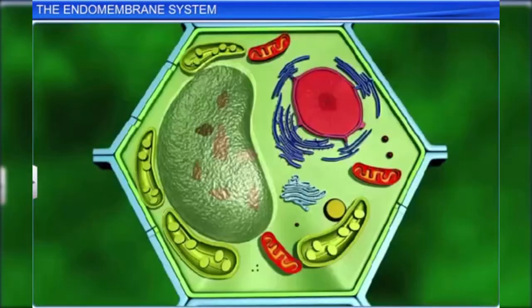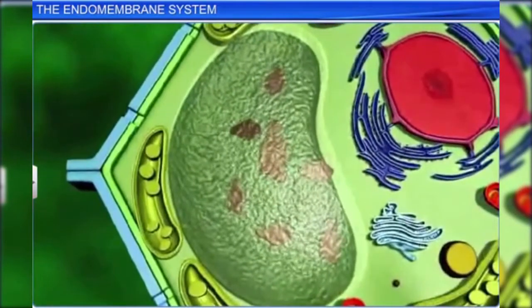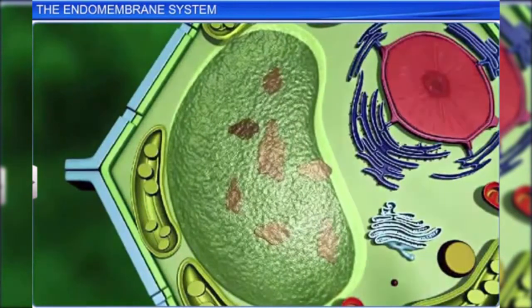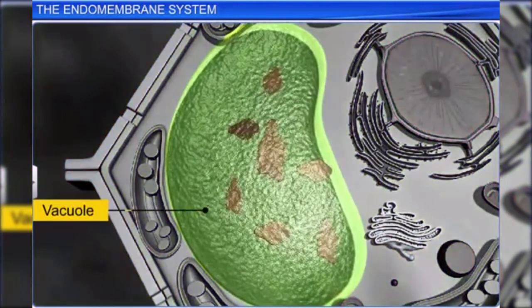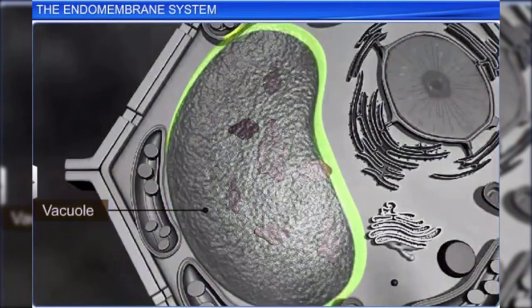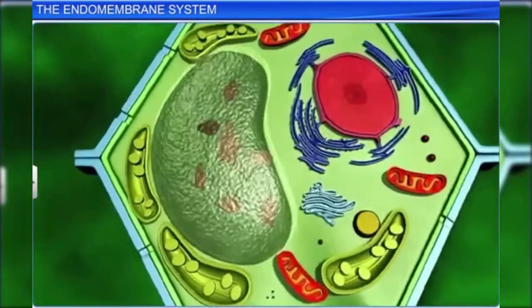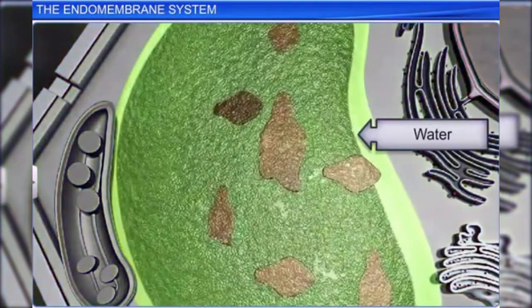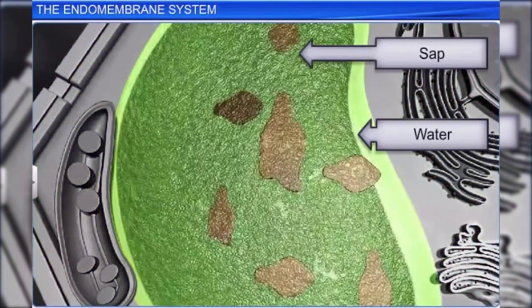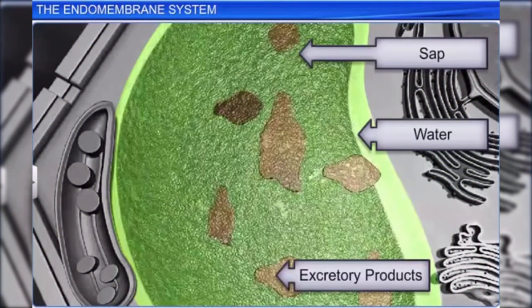Apart from lysosomes, the endomembrane system also comprises vacuoles. Enveloped in a membrane called the tonoplast, a vacuole contains water, sap, excretory products, and other materials not useful for the cell.